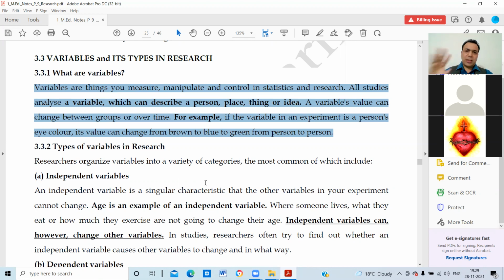A variable's value can change between groups or over time. For example, if the variable in an experiment is a person's eye color, its value can change from brown to blue to green from person to person. In simple language, that is what a variable basically is.